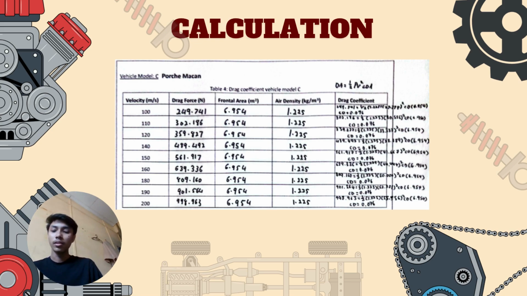We know the air density is 1.225, and for the drag coefficient we use the same formula as the Volkswagen MK5 R32 and Evo 9. The formula is D equals 1 over 2 rho v squared times Cd times A. The total drag coefficient we get is 0.076 from velocity 100 to 200. For the frontal area, we gain 6.954.